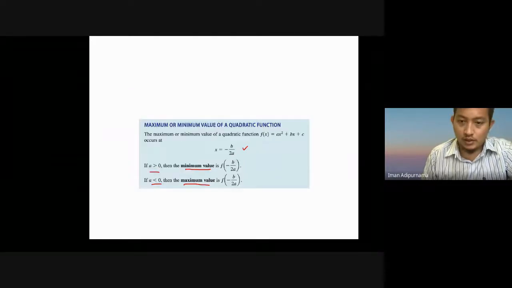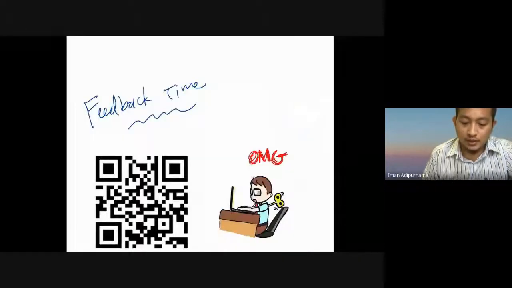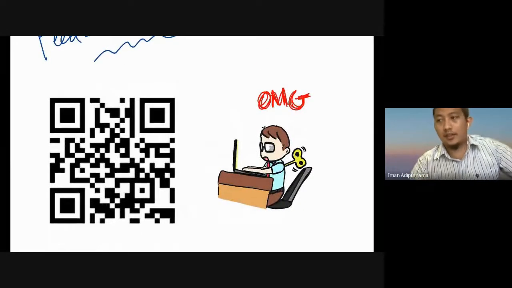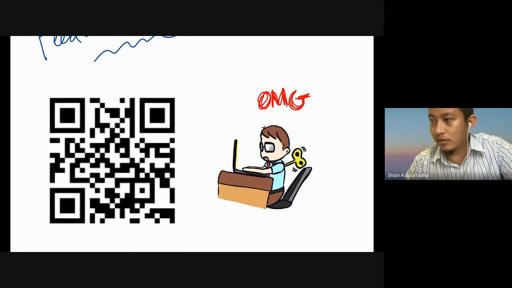It's not really that complicated, I hope. So yeah, please scan the QR code. Okay, let me just present my other screen.